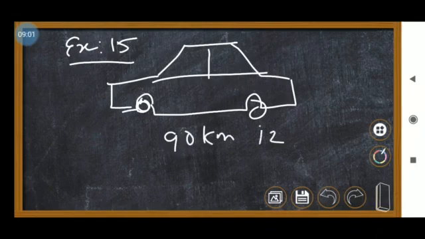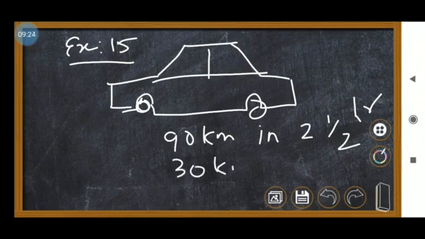How much time is required to cover 30 kilometers at the same speed? When it covers 30 kilometers at the same speed, how many hours does it take? This is the first question.